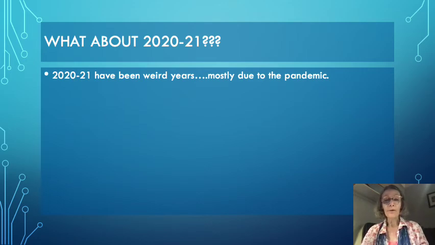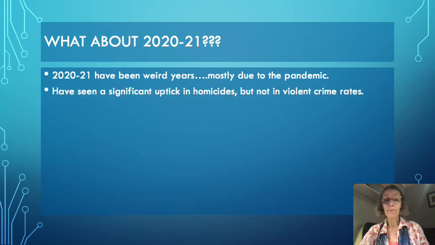But it's no doubt that those two years have been really weird, mostly due to the pandemic. As you're going to be reading this week, property crimes are on the decline quite significantly, but serious crimes like murders and shootings have been on the increase. So there has been a significant uptick in homicides in 2020, and it seems like it's persisting into 2021 as well. But general violent crime rates are not ticking up.